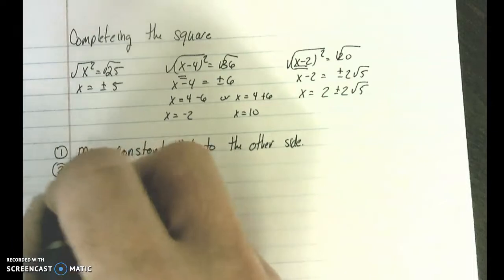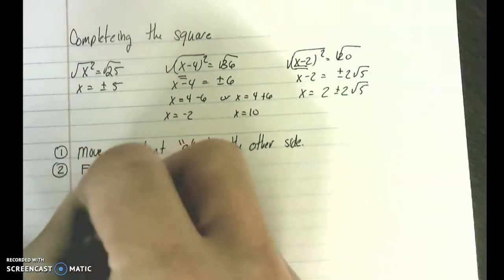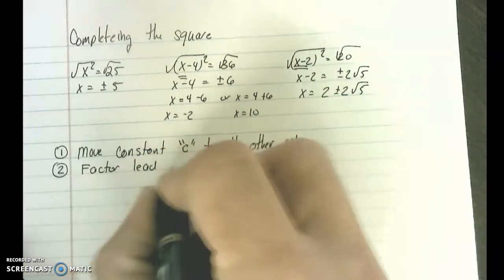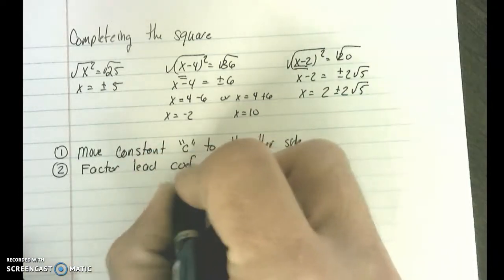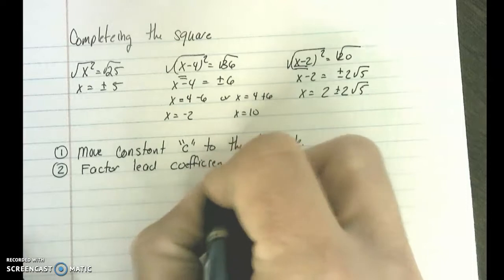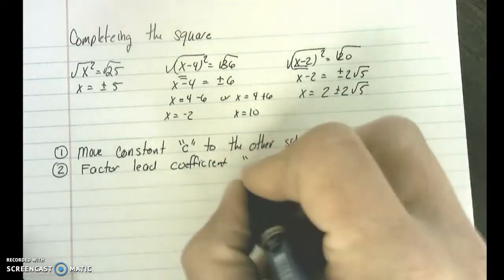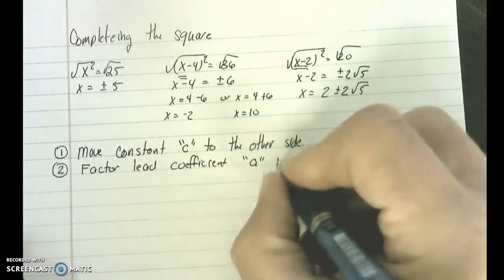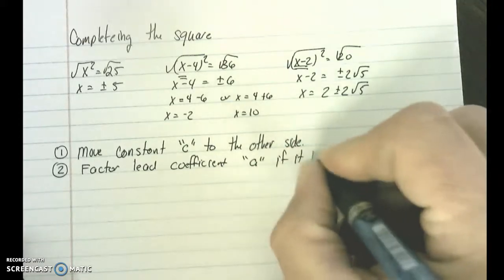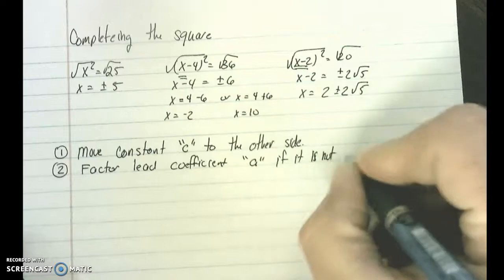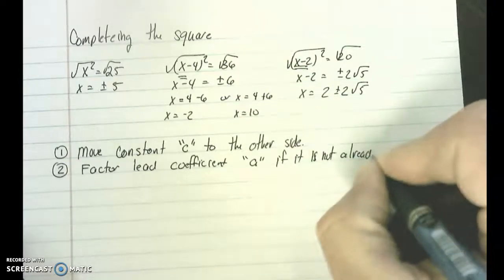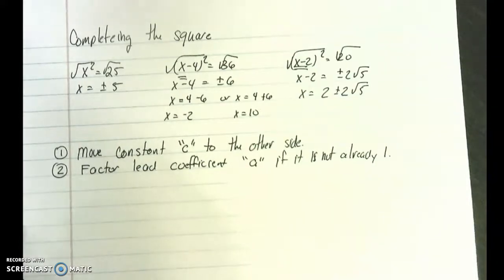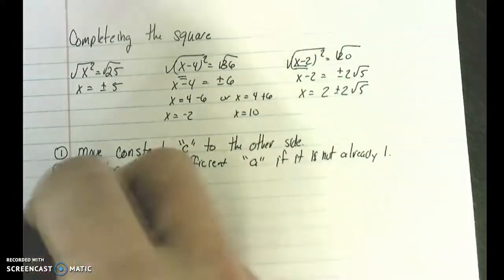Number 2 is we're going to factor our lead coefficient, that's our A, if it is not already 1. Okay, so our goal is to get A to be 1. Makes life easier for us.